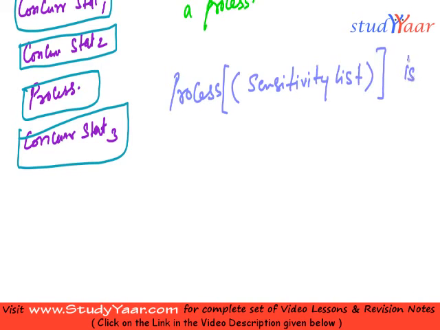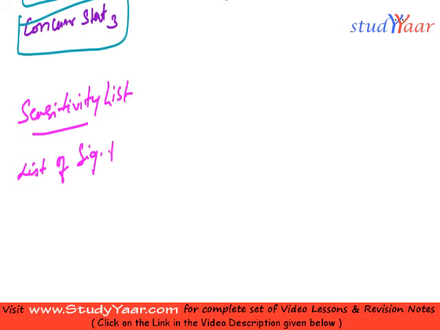Then you have an optional is. I'm just going to write that the sensitivity list is the list of signals that affect the process. An event on these signals triggers the process.